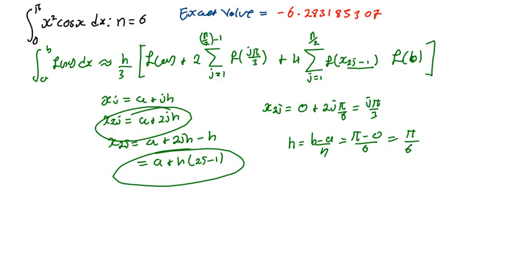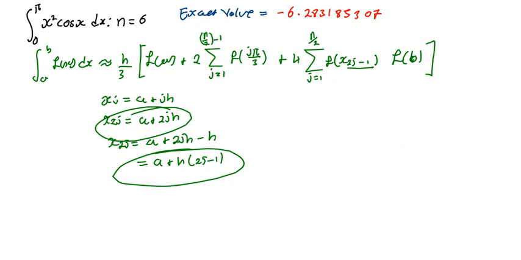What about the other one where we are subtracting an h? When we say x sub 2j minus 1, it's equal to our a, which is 0, plus 2jh, where h is pi over 6, minus pi over 6. So here we are going to get j pi over 3 minus pi over 6.